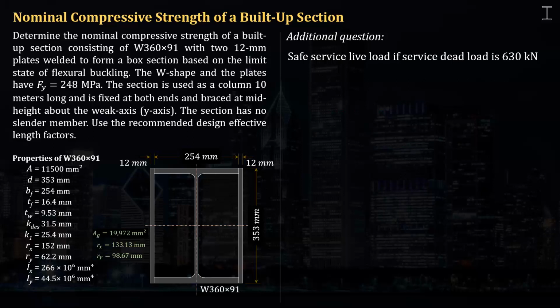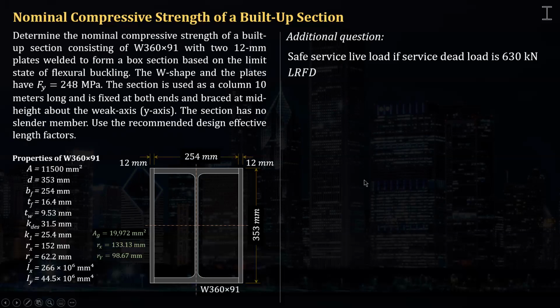What is the safe service compressive axial load, axial live load, that this column can carry if the service compressive axial dead load is 630 kilonewton? These loads must be axial. That means these loads act at the centroid, or the axis of the longitudinal direction of the column.